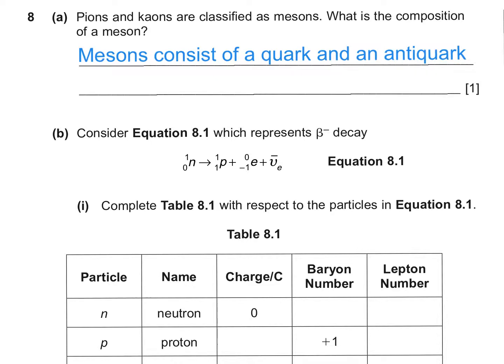Part B, consider equation 8.1 which represents beta minus decay. So we have a neutron going to a proton plus an electron plus an antineutrino. Complete table 8.1 with respect to the particles in equation 8.1.